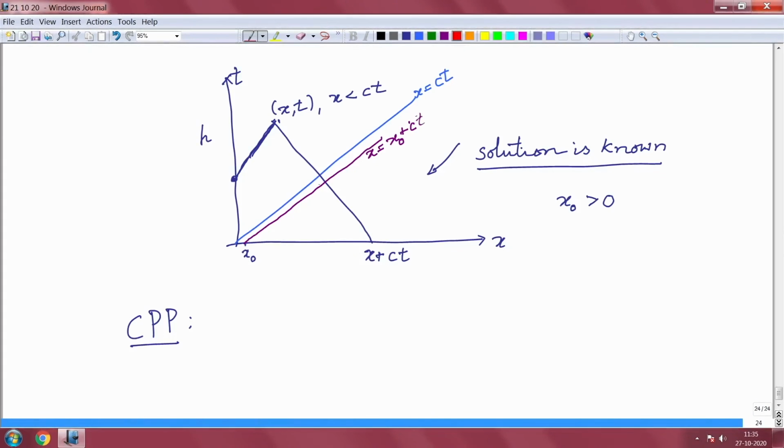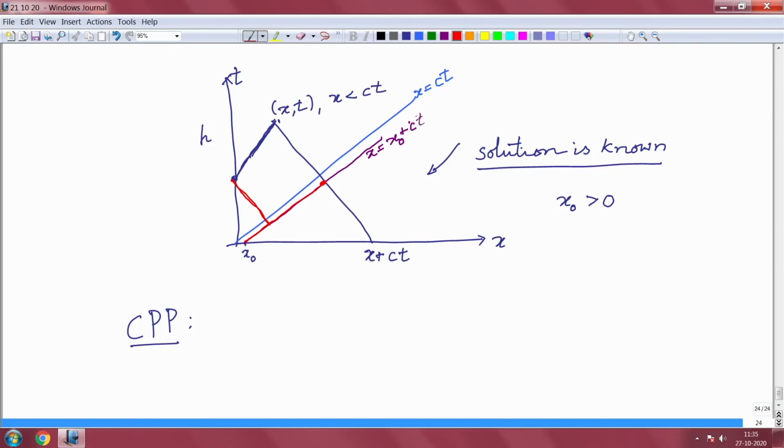Now there is a third side, and we know the value here, because that is in the region where the solution is known. So, we need one more point. Just draw a characteristic parallel to this. So, this is one characteristic and this.